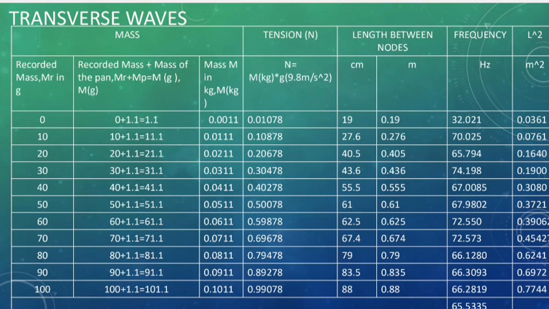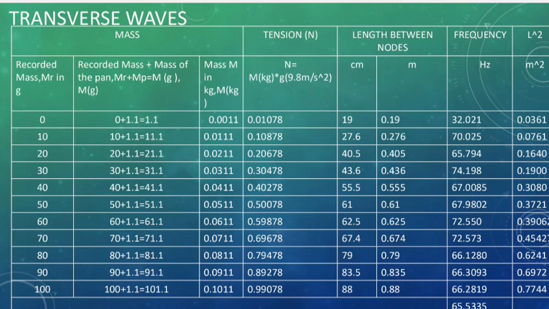This is the tabular column for transverse waves. Here are the recorded values from the experiment. The first column is the recorded mass mr in grams, and the second column is the recorded mass plus the mass of the pan, which is 1.1 grams as we discussed in the earlier slides, that is mr plus mp, in grams.